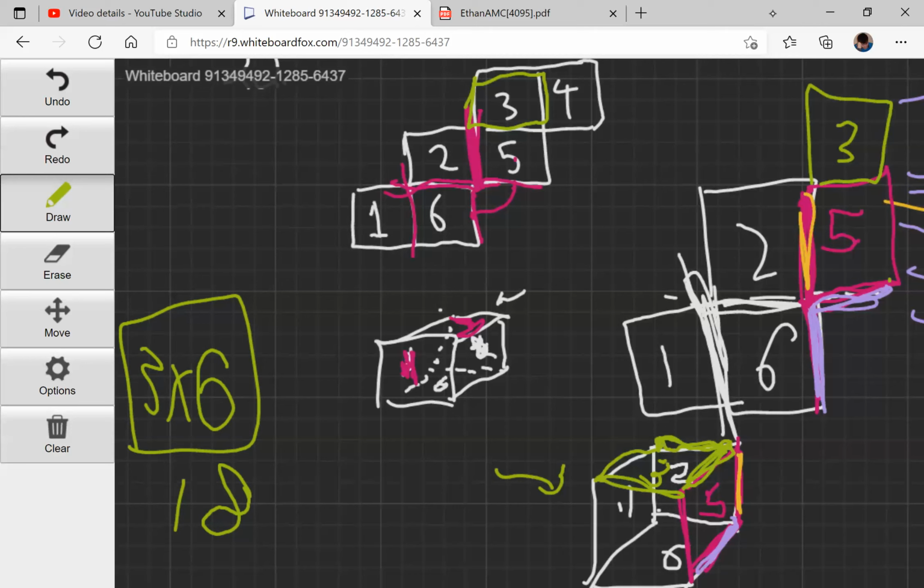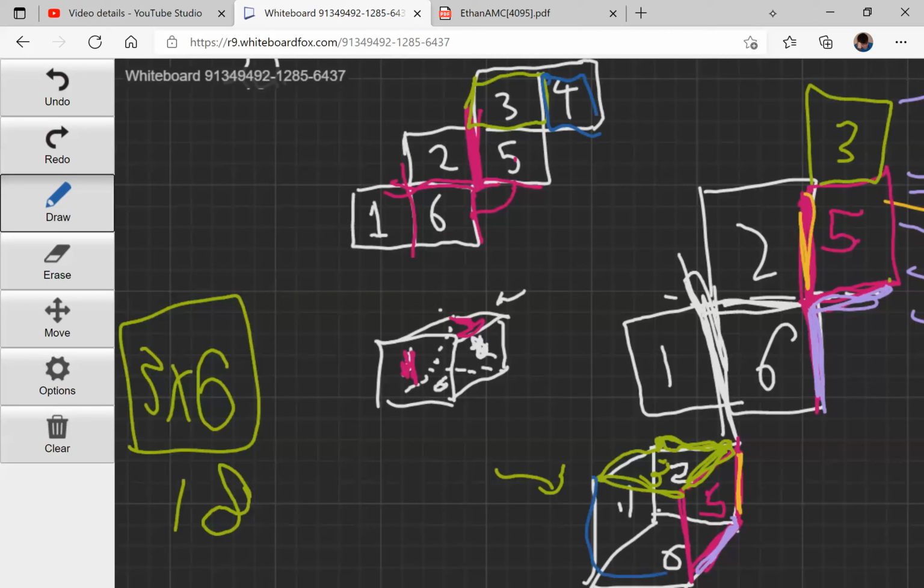Is 5 opposite 4? No. Why not? Because 4 is there. Okay, so you're saying 4 is right next to 5.